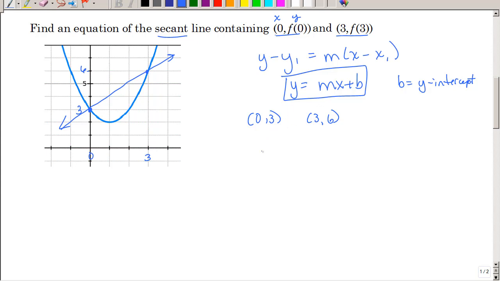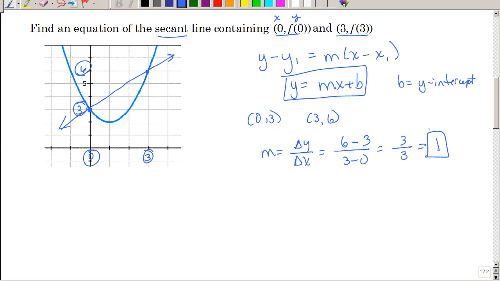Do I have the slope of that line? Well, we could look at this and say, remember the change in y? Delta y over delta x. So we would have 6, that's the y value, minus 3 over the x values, 3 minus 0.